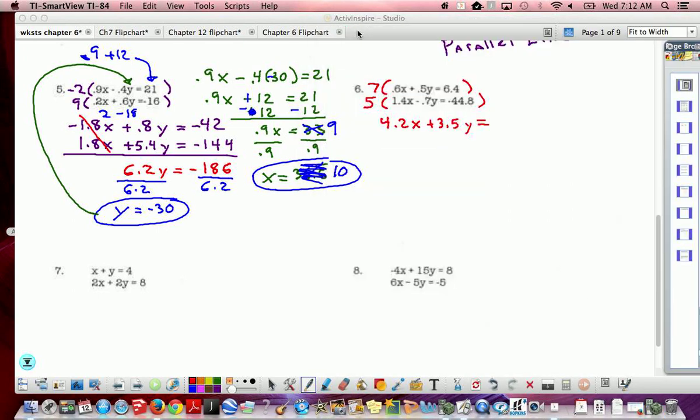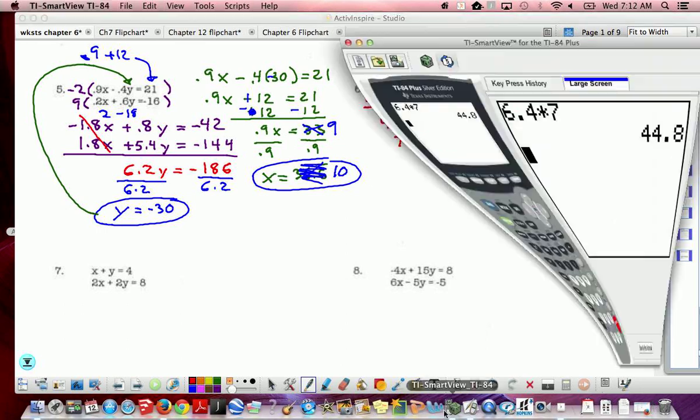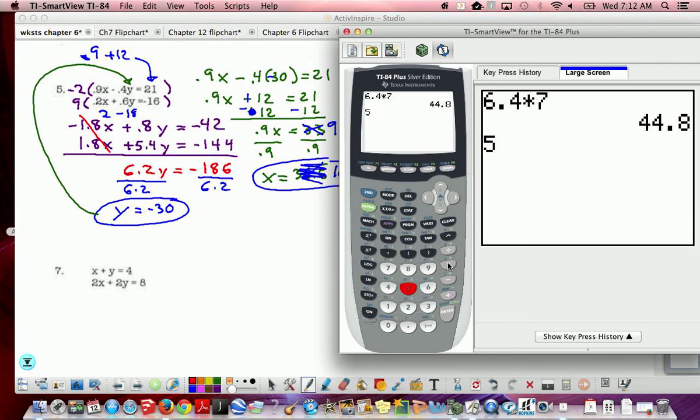There we go. That didn't make sense there for a second. 44.8. On the second one, I'm multiplying by 5. 5 times 1.4 is 7. That's 7x minus 3.5y. And then 5 times negative 44.8 equals negative 224.